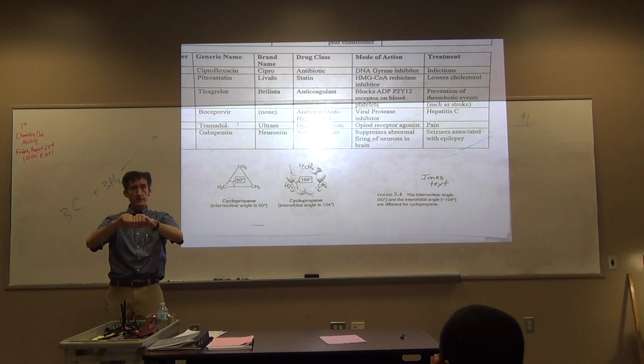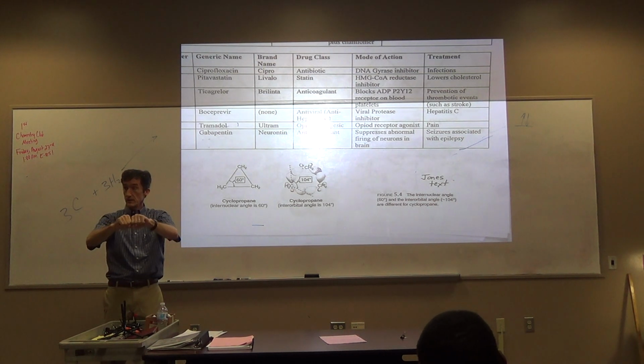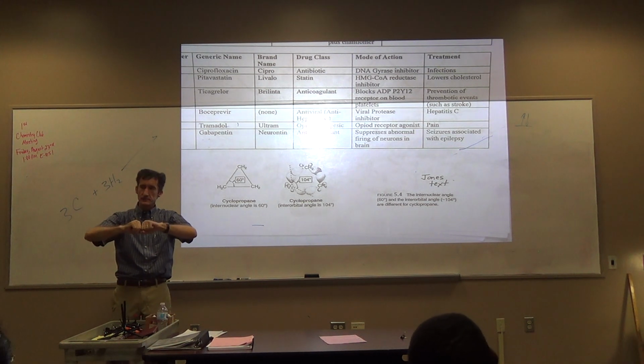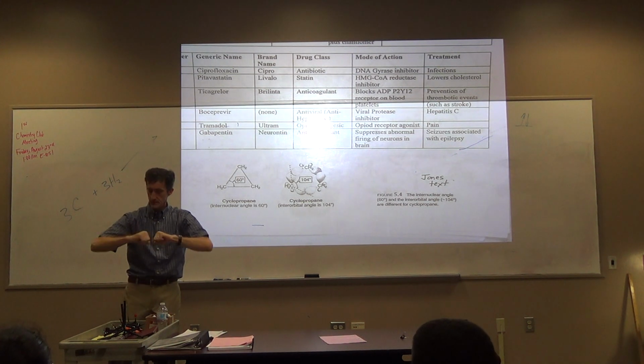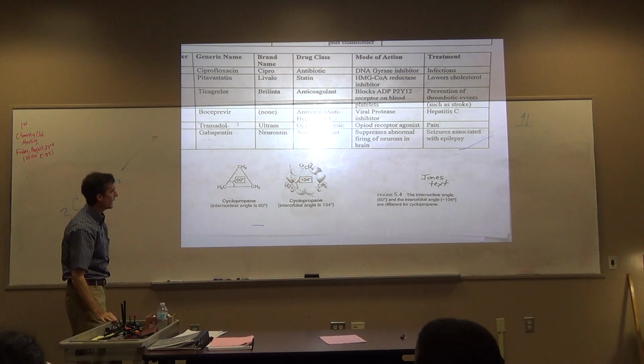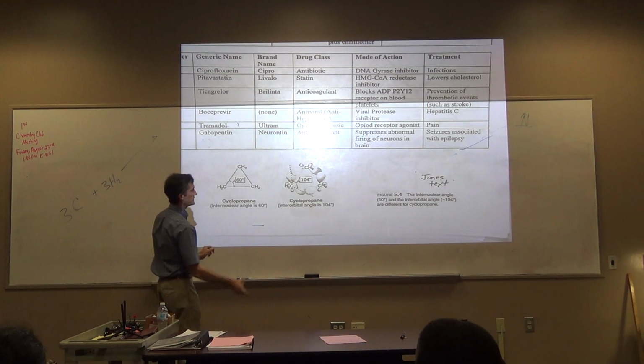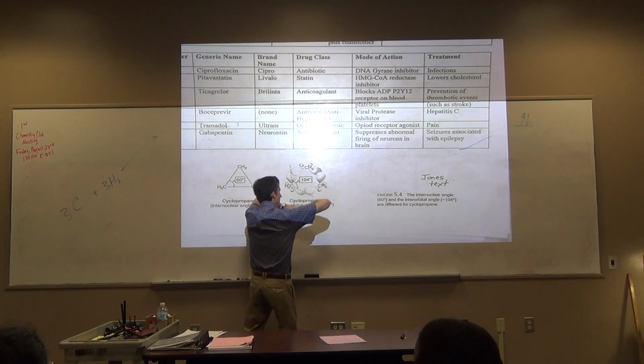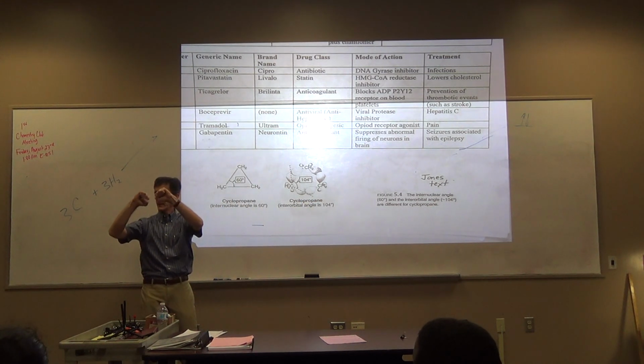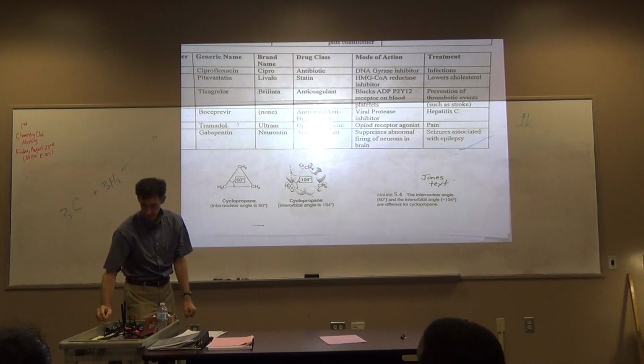The overlap is weaker, so it's going to be a weaker bond, and thus a higher energy bond. Can you see how these orbitals are not exactly head to head? They're more a little bit like this.